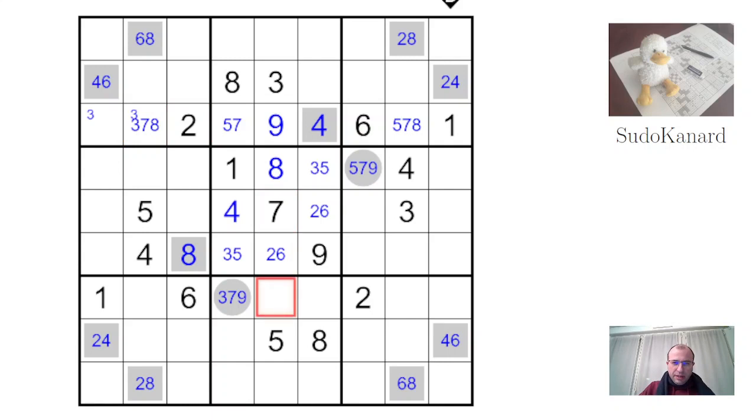Now, on this column, we know that there will be a 4 somewhere here. We need 1, 2, 6, and 4. And actually, there's 1, 2, and 6 here, so that's the 4. And this is from 1, 2, and 6. And then, is there anything else?